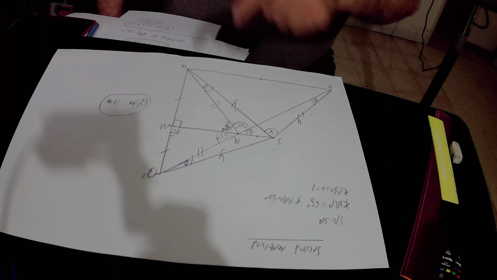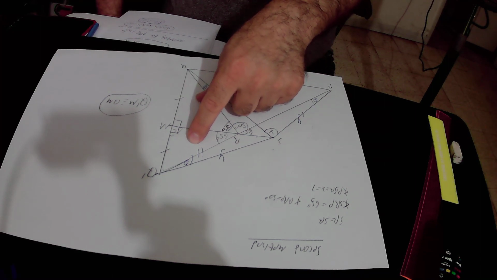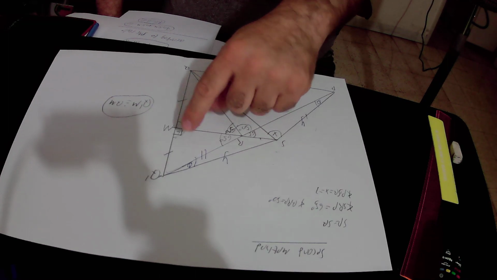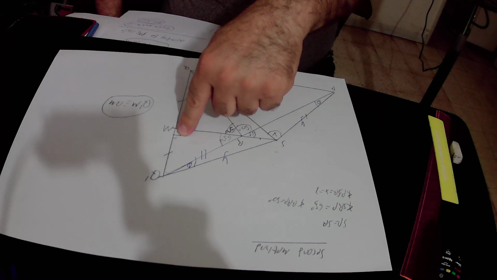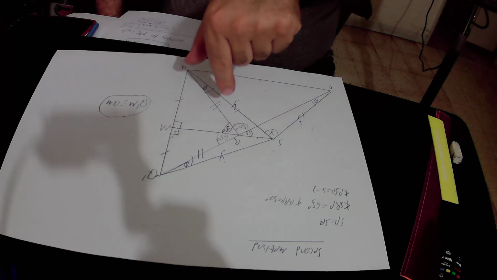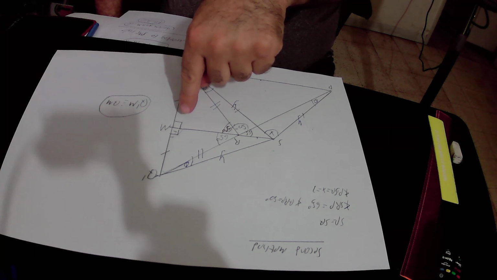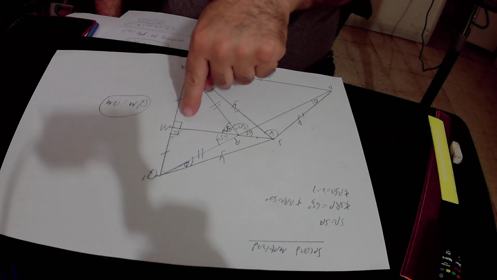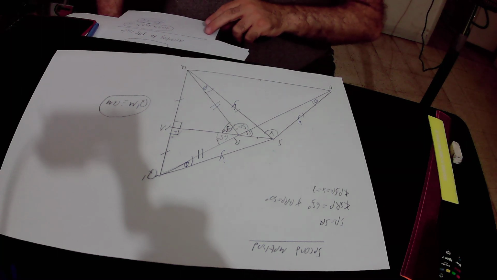So we proved that those two triangles can be superimposed on each other according to the side-angle-side rule. We have two sides and the angle between them in triangle Q'MR that are correspondingly equal to two sides and the angle between them in triangle QMR. Therefore, those two triangles are congruent according to the side-angle-side rule.